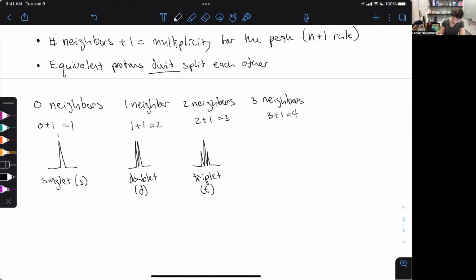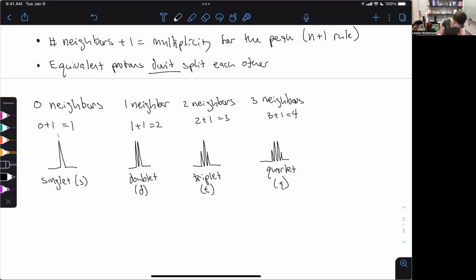That's going to be a quartet. Let me try that again, actually. It's going to be little q.